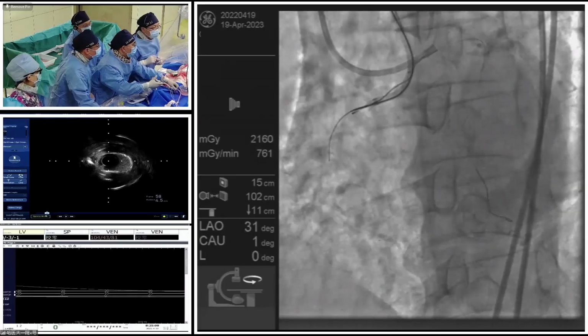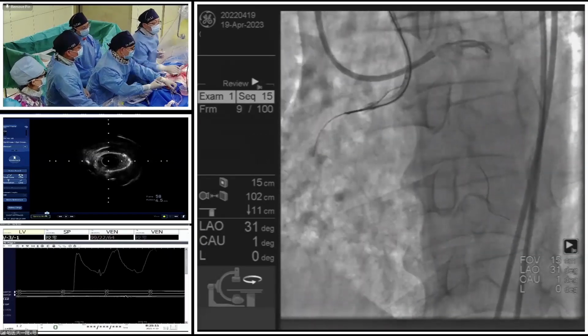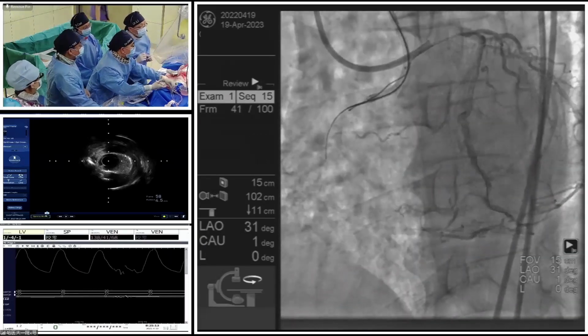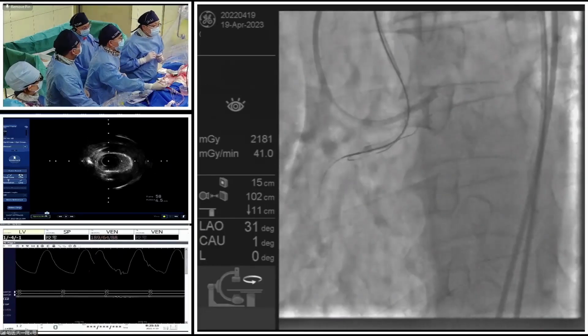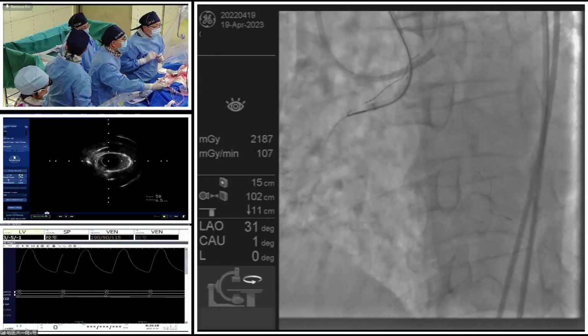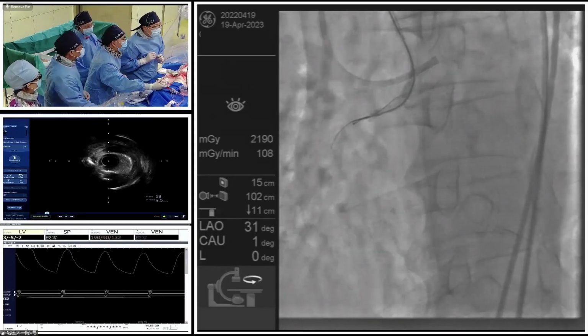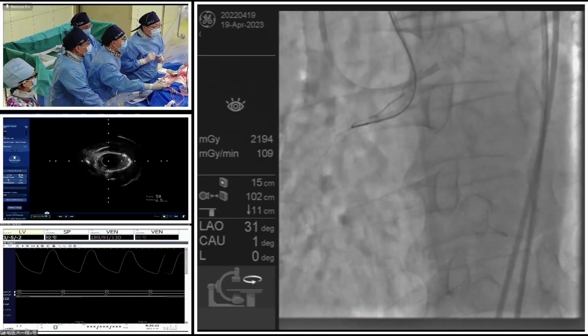First, I would worry about whether the former dissection, the subintimal cavity, has healed or not, because it has only been 2 or 3 months since the previous failed antegrade approach.